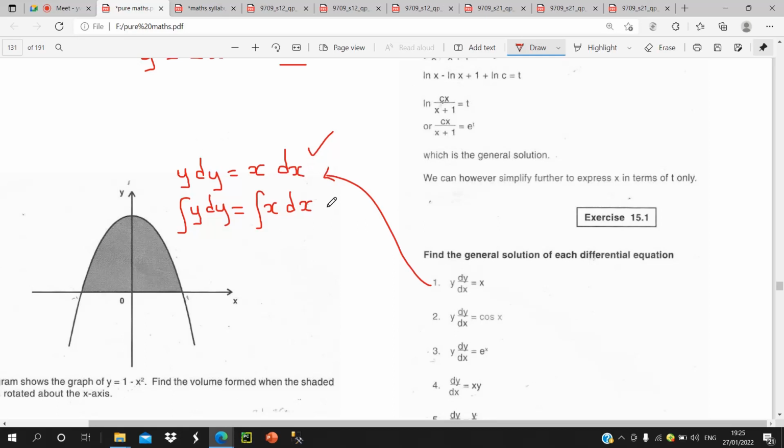Then you also write this stage for integrating. So if we integrate y with respect to y, what do we have? Half y squared.